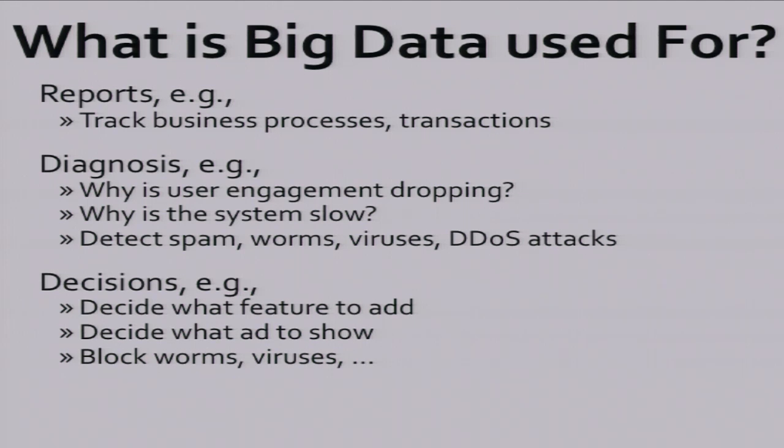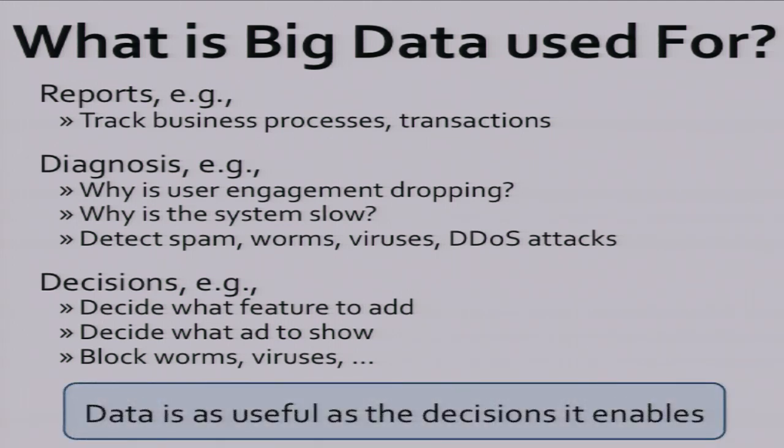So as a result, the design of our software stack is driven by the belief that the data is as useful as the decision it enables. So what does this mean? Well, this means that we want low response time on historical data, since the faster we can make a decision, the better.